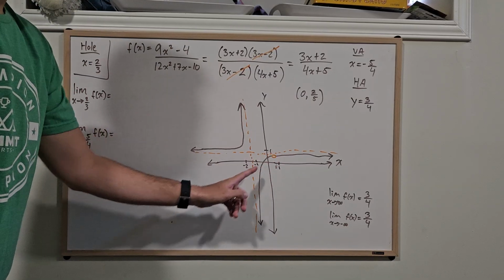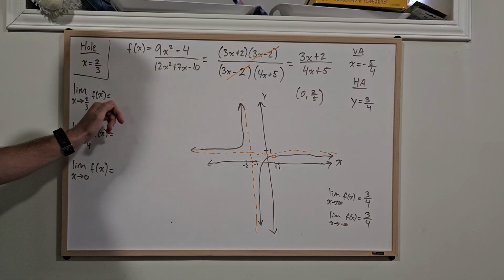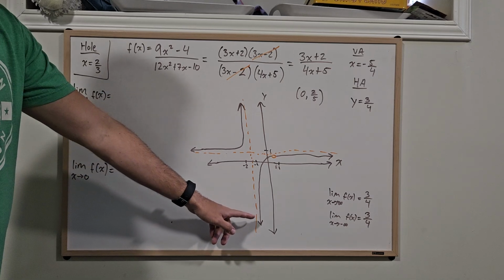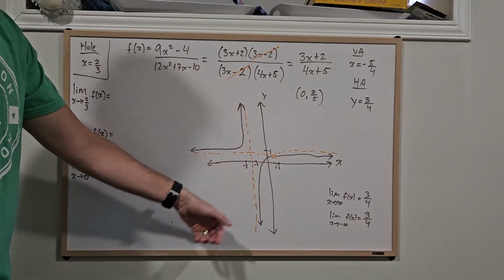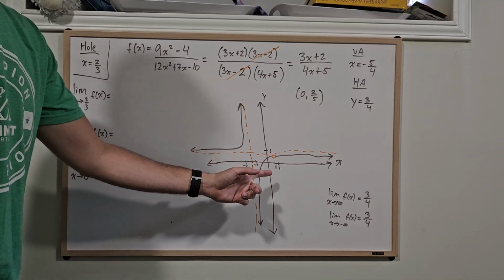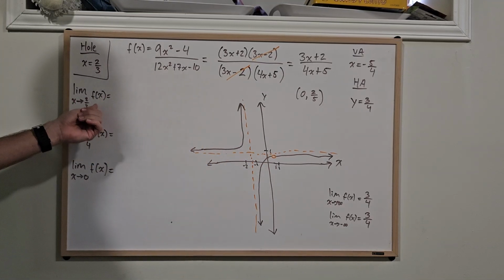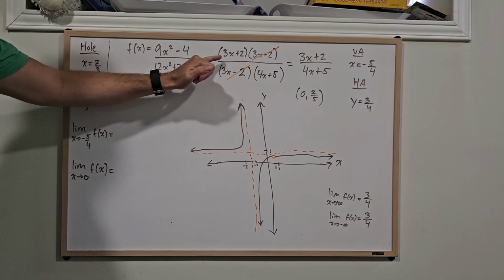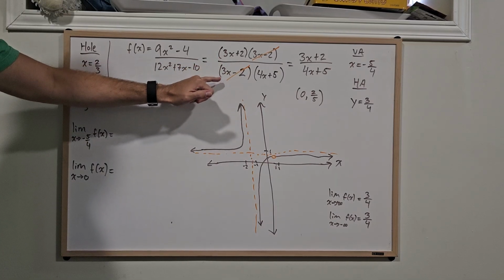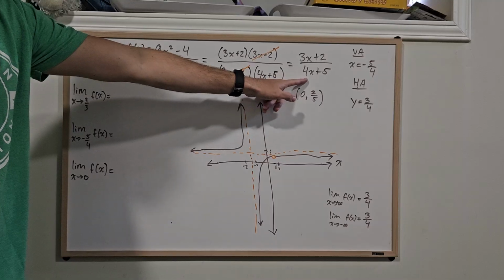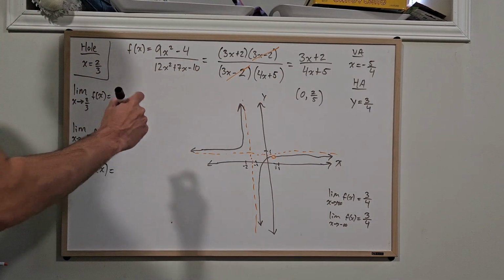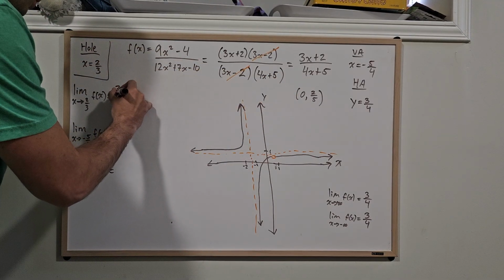And this is going to be a value. So the limit does actually exist. The function doesn't exist at that point, but the limit exists because that value is going to be the same at that point. We can't plug this point into this part, because if we do, we're going to be dividing by 0, so we can't do that. We got to plug it into the simplified form over here.